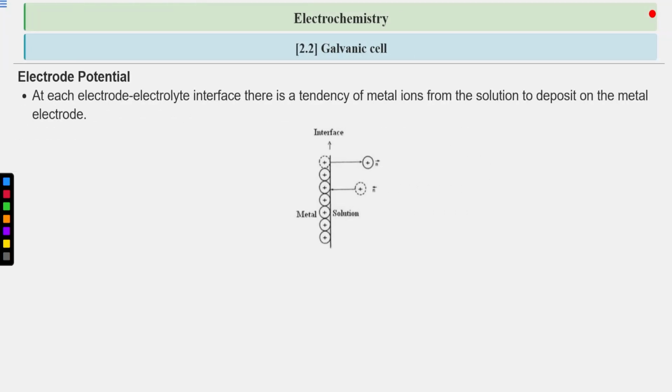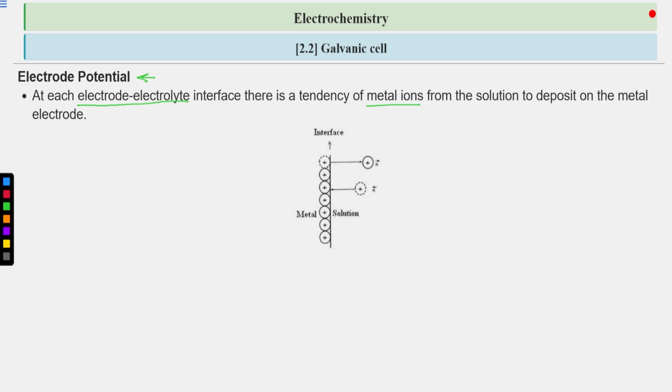Now, under the topic of galvanic cell, let's talk about the electrode potential. At each electrode electrolyte interface, there is a tendency of metal ions from the solution to deposit on the metal electrode.